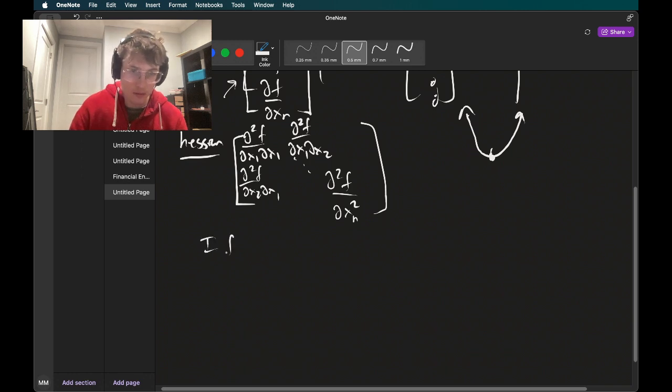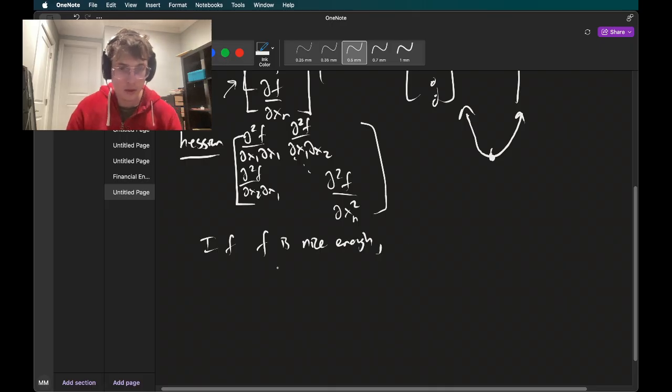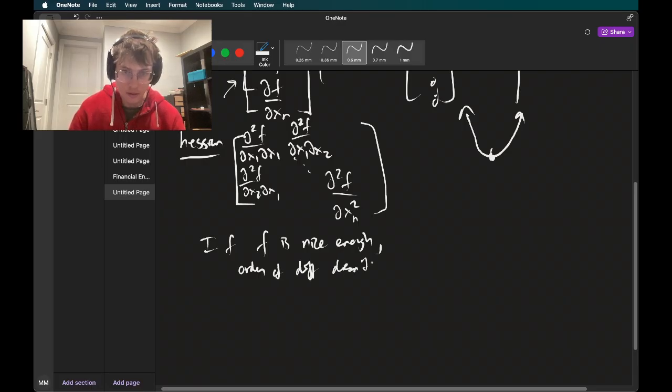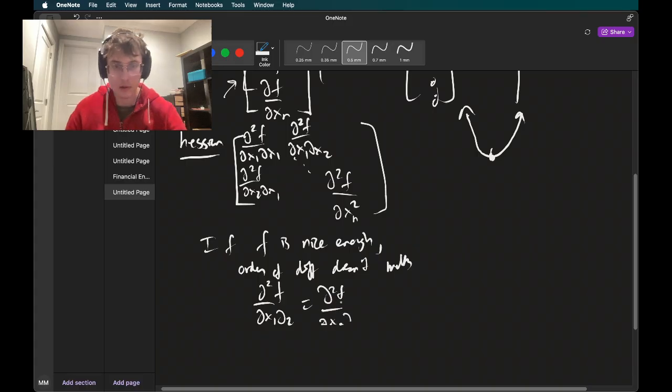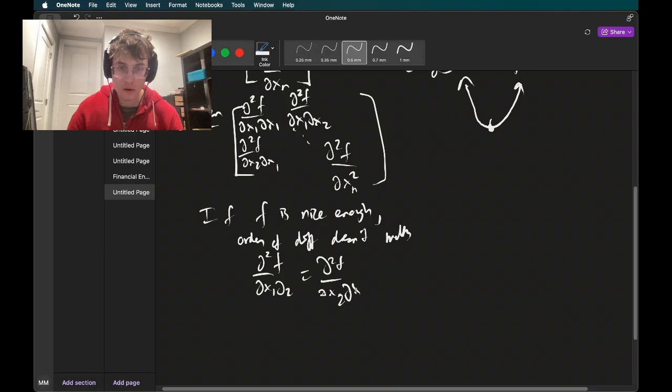If f is nice enough, continuous and differentiable, then the order of differentiation doesn't matter. Therefore, d squared f dx1 dx2 is d squared f dx2 dx1. So we're taking the derivative in a different order, which means that the Hessian is symmetric.